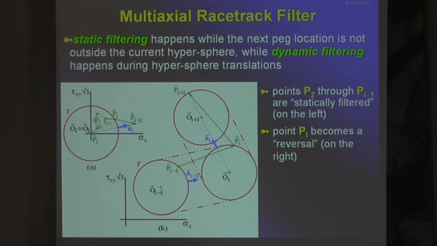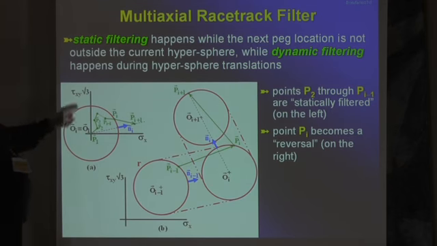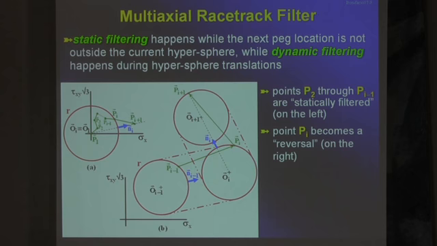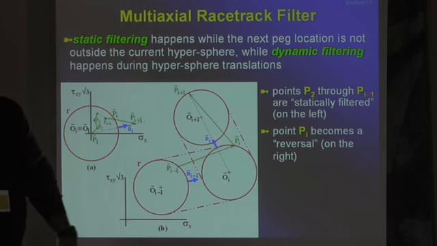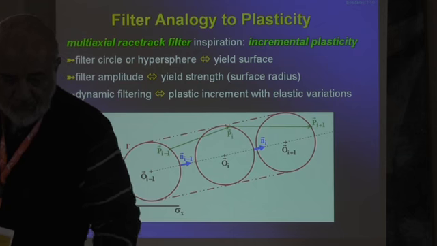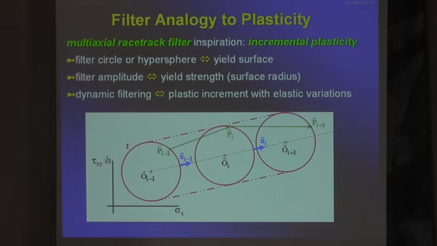Or statically, where you have events inside the sphere that are below the limit we have set. So we call that static filtering. If we remove those events from the signal, supposedly we are going to get the same amount of damage, but without having to make a lot of unnecessary calculations.